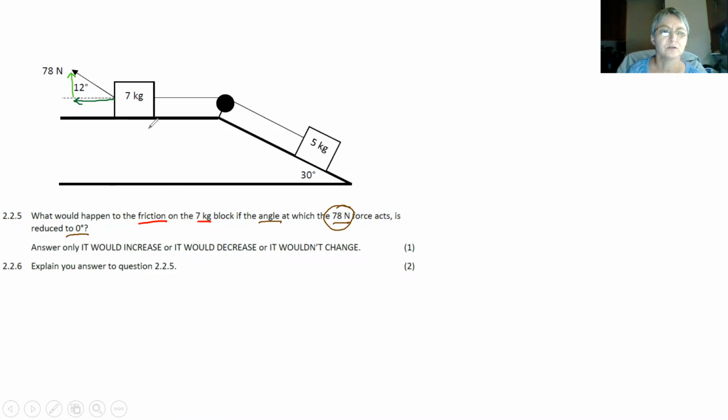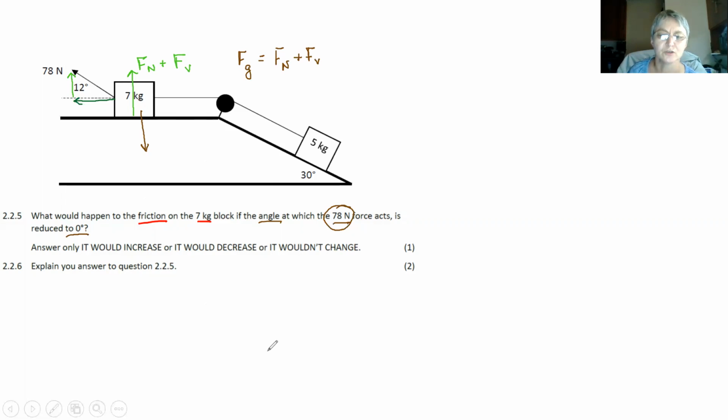This vertical component is in the same direction as the normal force. So the normal force and the vertical component of the applied force are cancelled out by the weight of the object. So Fg is equal in size to Fn plus Fv.